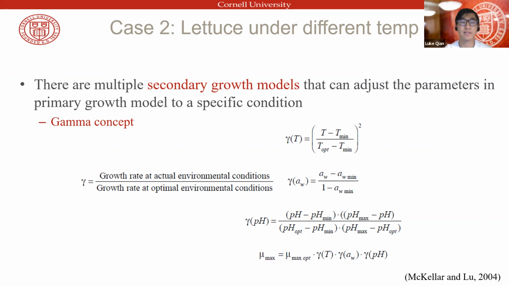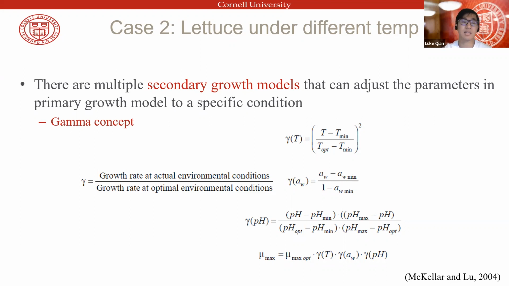And we can find this ratio for different factors and combine them together to calculate a combined effect of different factors. Basically, if the growth condition deviates more from the ideal condition, the growth rate will be lower.